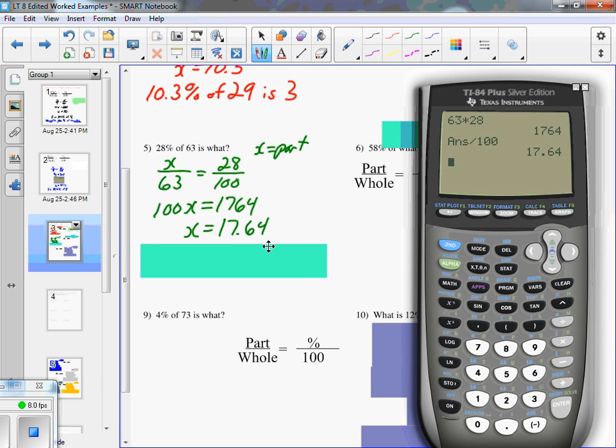That's not rounded at all. I'm sticking with that. If you round it, I'll count it right because the directions told you to, but I'm sticking with that. So, what have we found? We've found that 28% of 63 is 17.64.